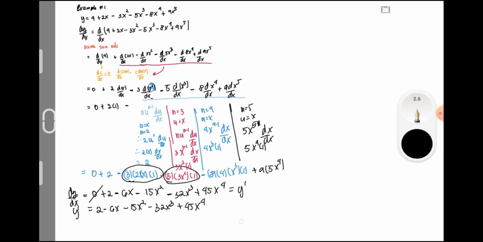So next is, after using the sum rule, gumamit tayo ng different rules like yung ating constant rule. So pag nag-derivative ka ng constant, always 0 yan kasi wala yung pagbabago. Nakita nyo naman sa graph ko dati sa ating derivation. Next is, after natin gumamit nyan, gumamit tayo ng power rule.